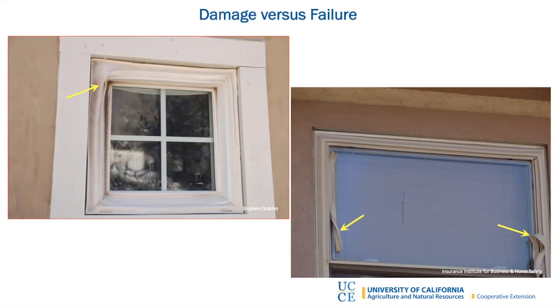So we talked about the fact that you can be indifferent to frame type. One exception to that general rule is regarding vinyl windows, and they are pretty sensitive to heat. Except for one exception that we'll talk about in a second, they're not going to break, because glass is still the most important part in terms of being vulnerable to flames and radiant heat. The frame material can be damaged in terms of melting or deforming.